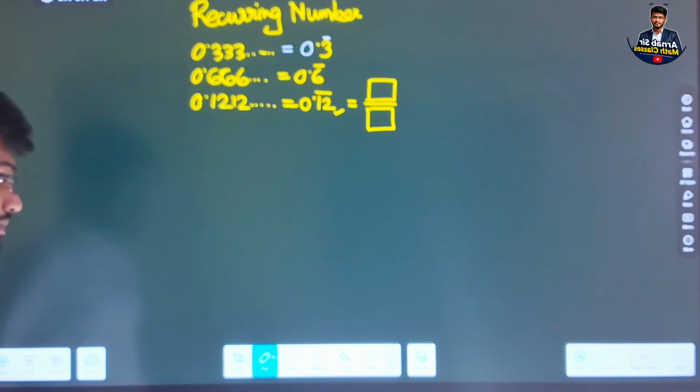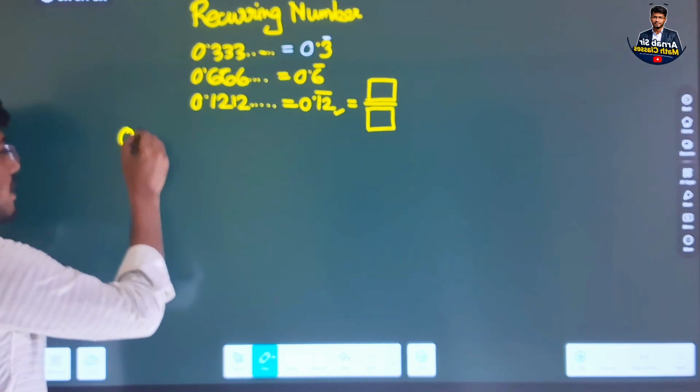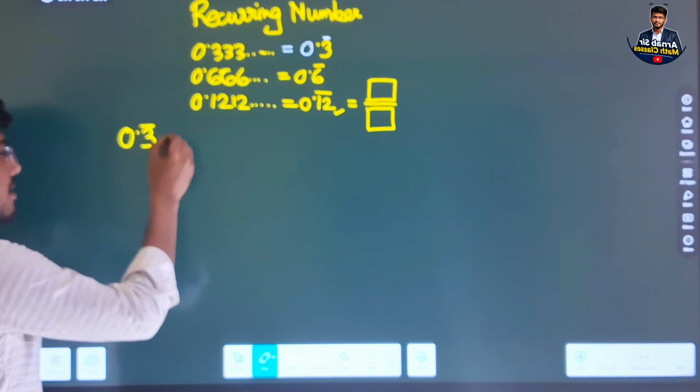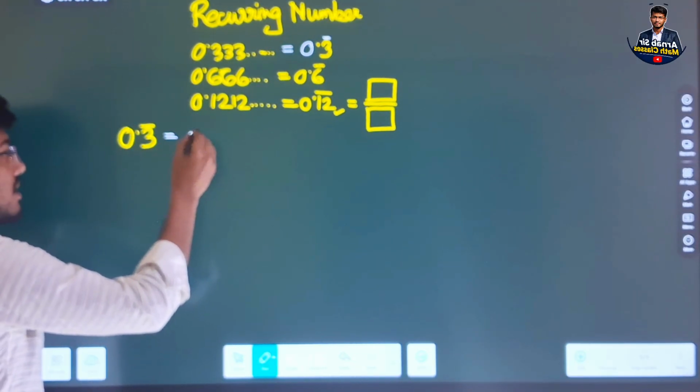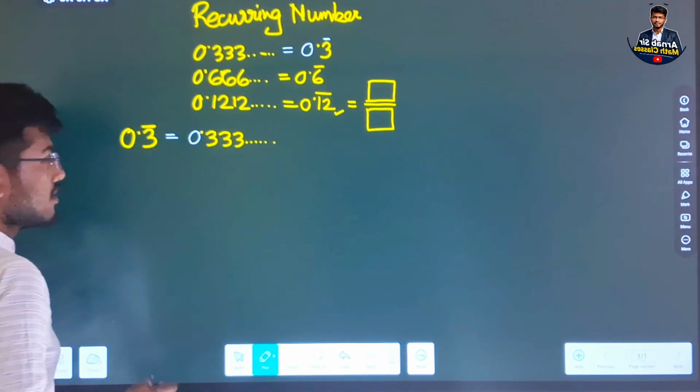To find the value, at first suppose I take one number, 0.3 bar, that means 0.333 dot dot dot. Clear everyone?